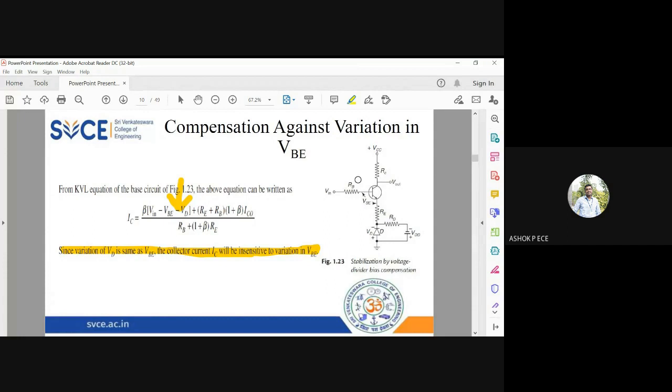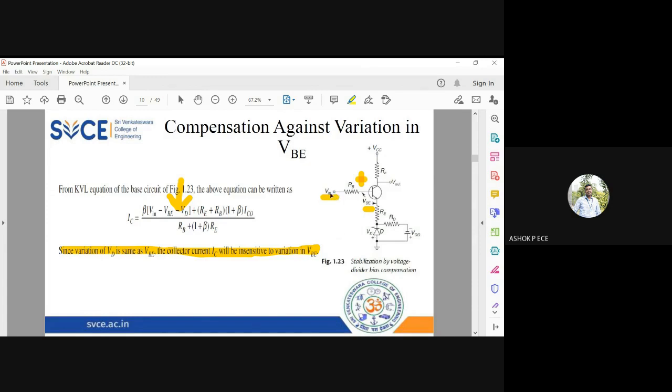You can see the polarity here. It is plus, it is minus. And here you see it is minus, it is plus. So if VB is increasing, VD will also be increasing in the same way, but in the opposite way. So when you add the effective voltage, it will become zero. So whatever change in VB is going to happen, the same change will happen in VD, but in the opposite sense.